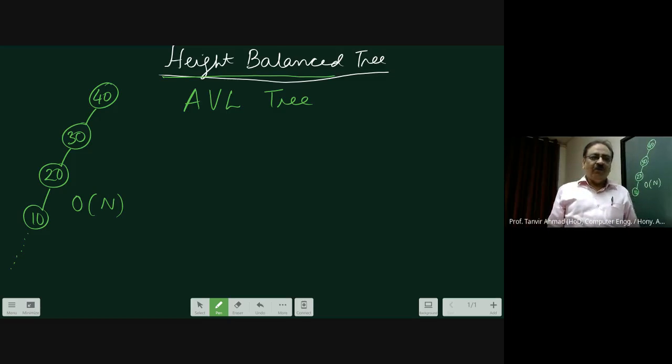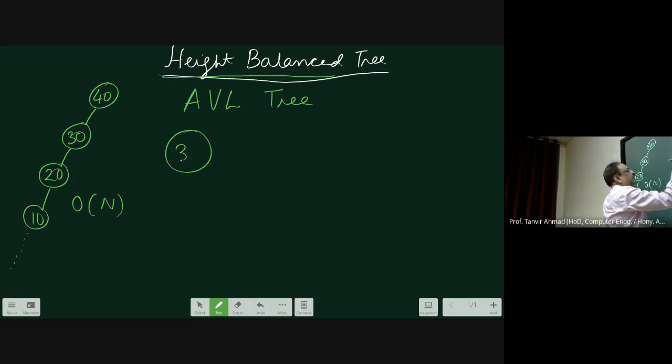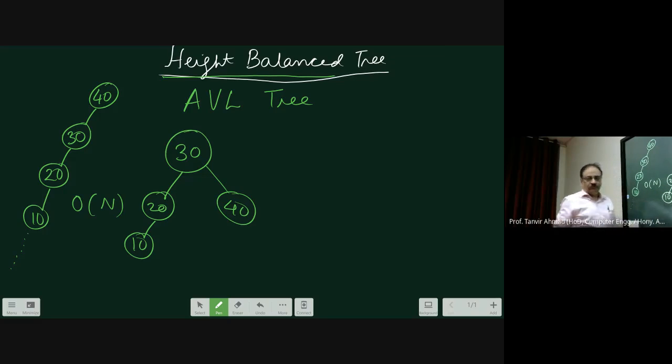Now, suppose by some method I convert it into something like this. Obviously, this will be less than order of n. The complexity will be less than order of n.